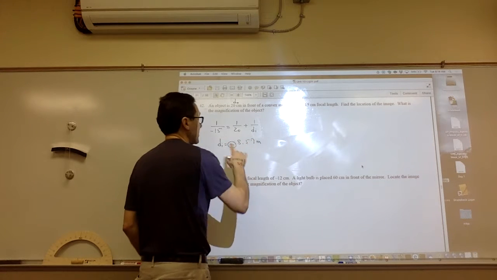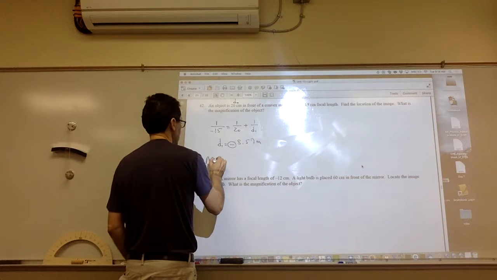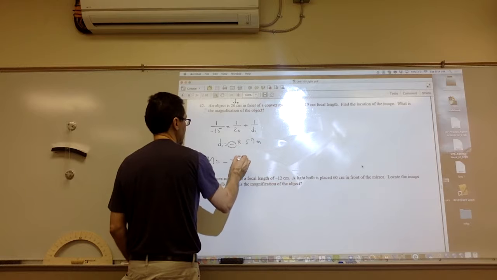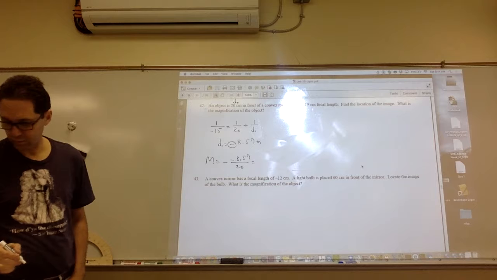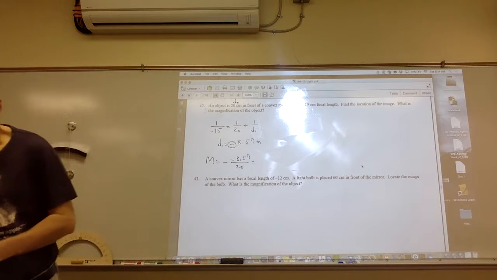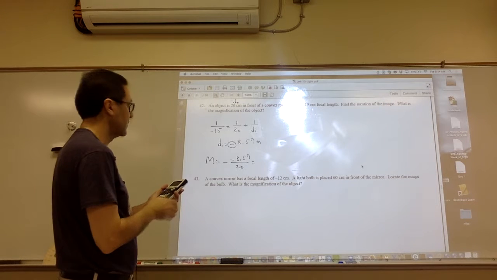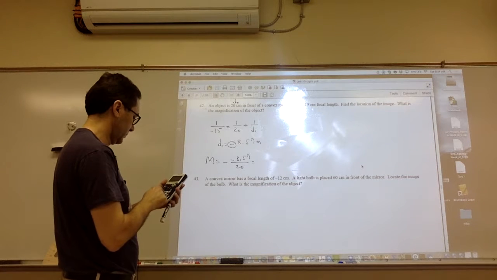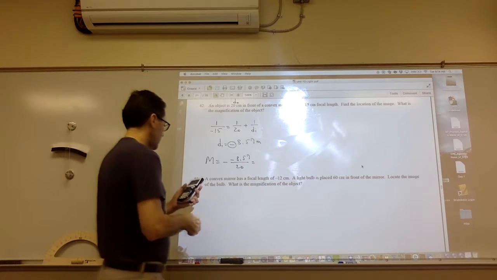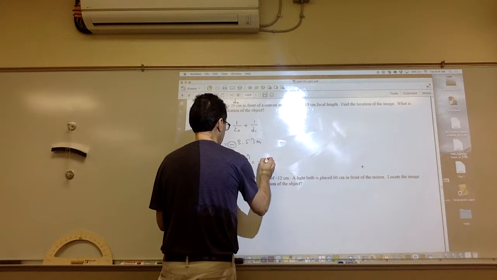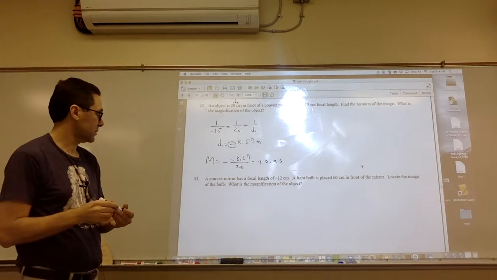And the negative means that it's behind the mirror, which means it's virtual. The magnification is just negative DI over DO, which should be about positive 0.43. No units, it's a ratio of distances.